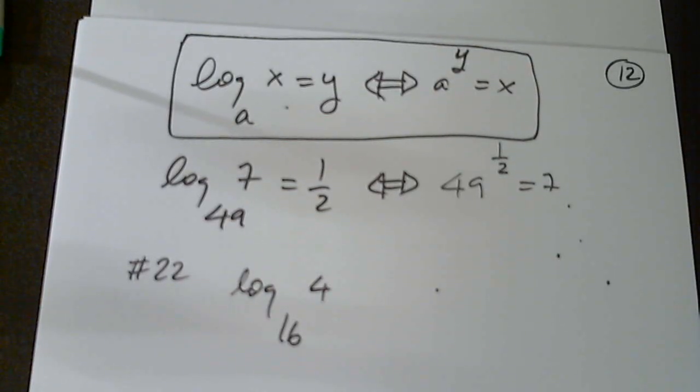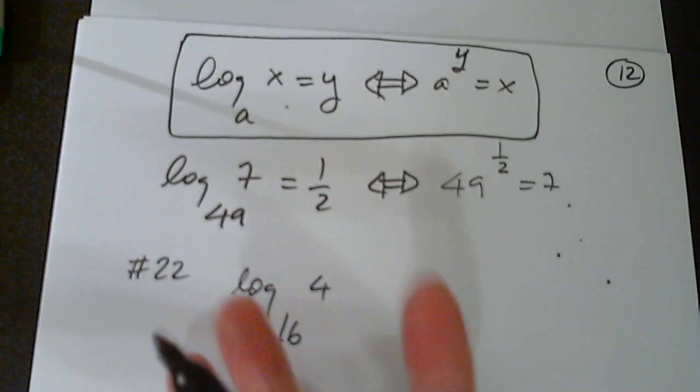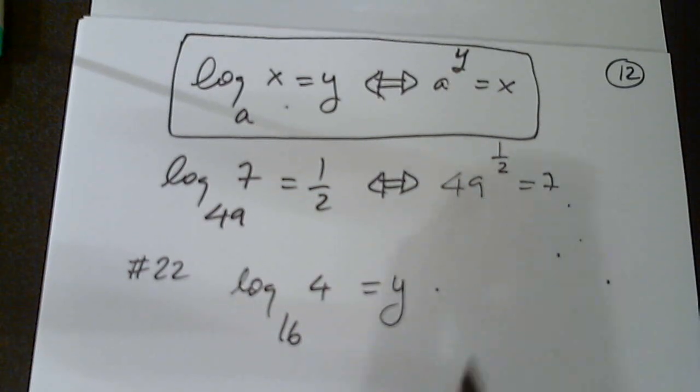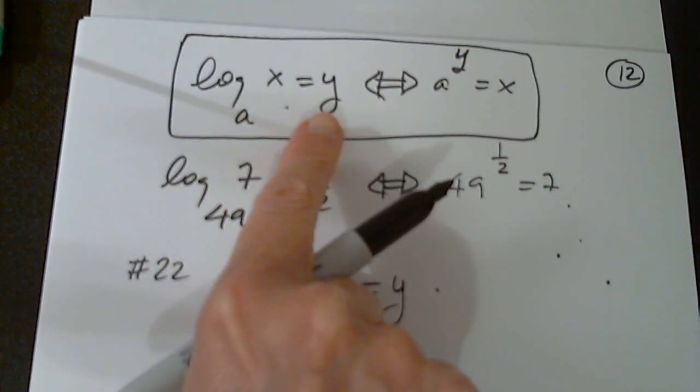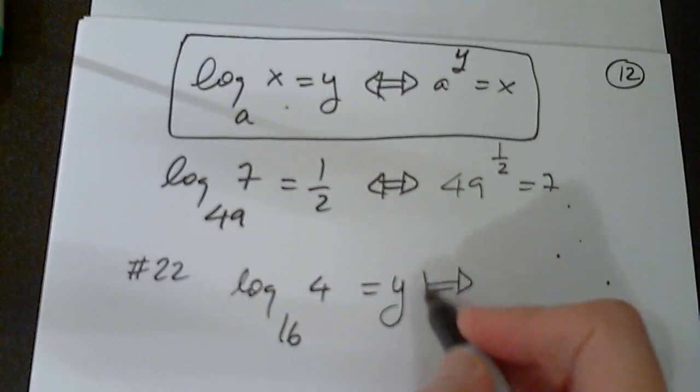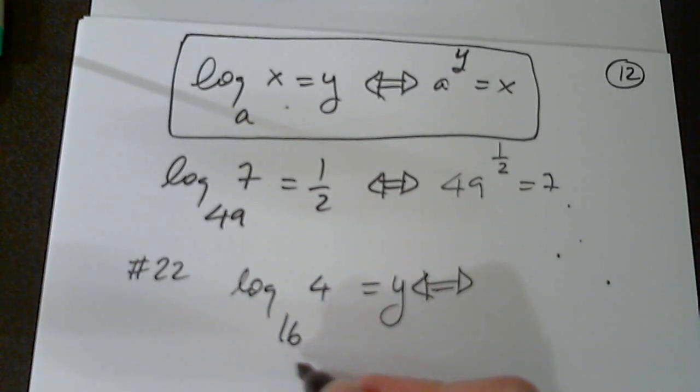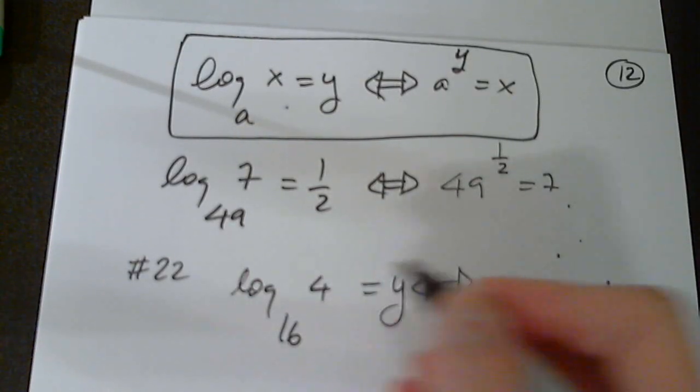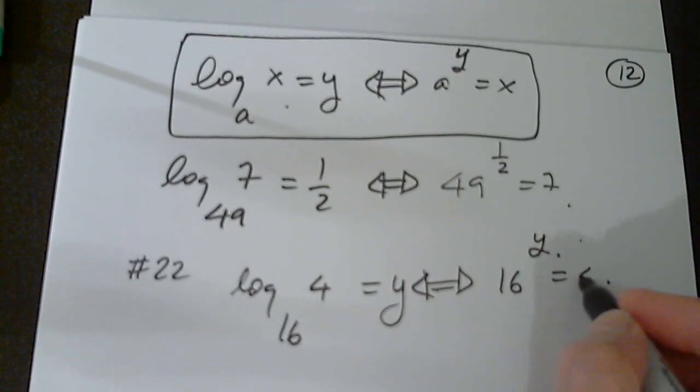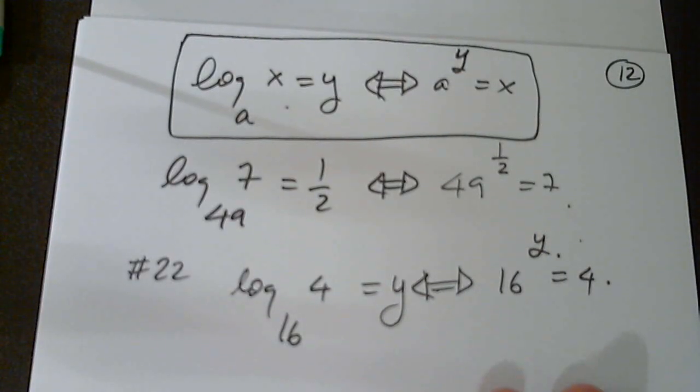Now you see that these are a piece of cake based on where we're coming from, section 4.5. I have no idea what this is, but I know I can change it. 16 raised to y equals 4. Again, this is a piece of cake.